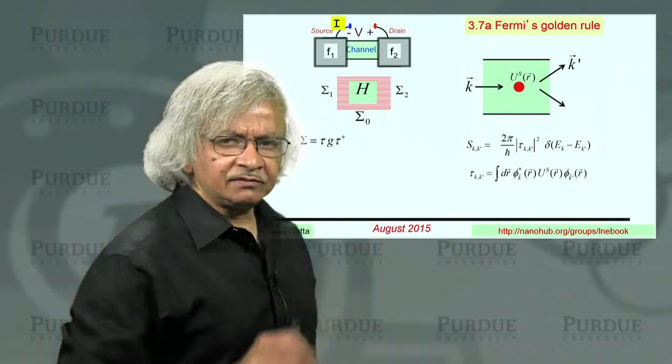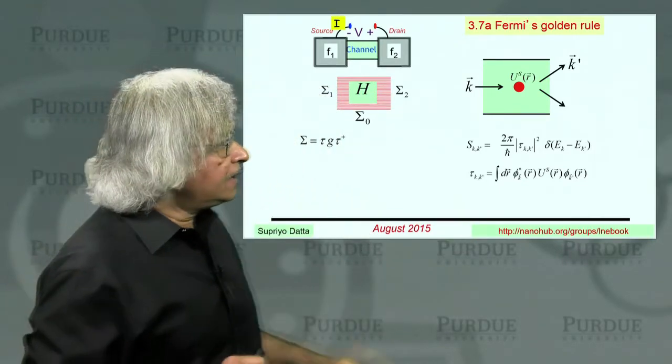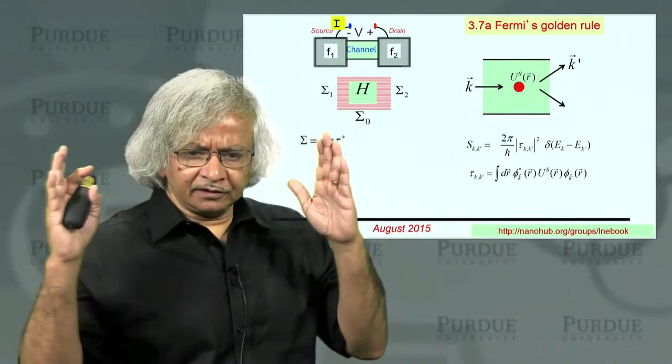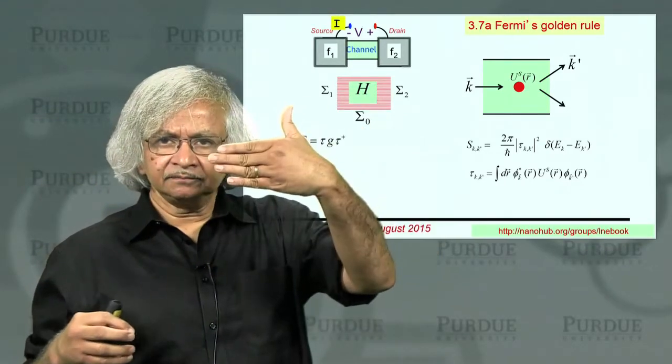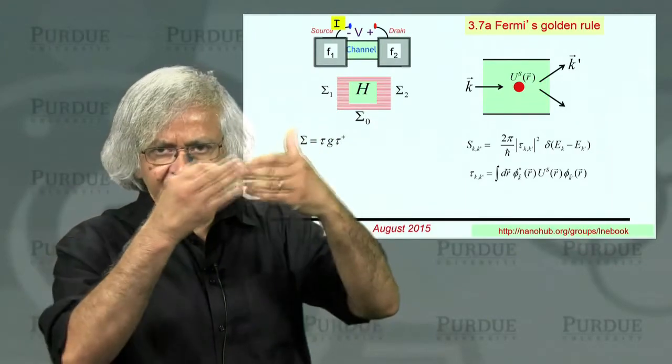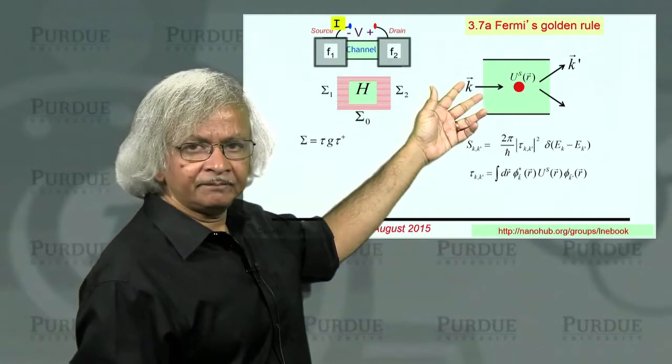Now, in the context of devices, the way we think of conductors is that electrons are moving along, and usually they have a certain velocity, a certain momentum corresponding to a k.